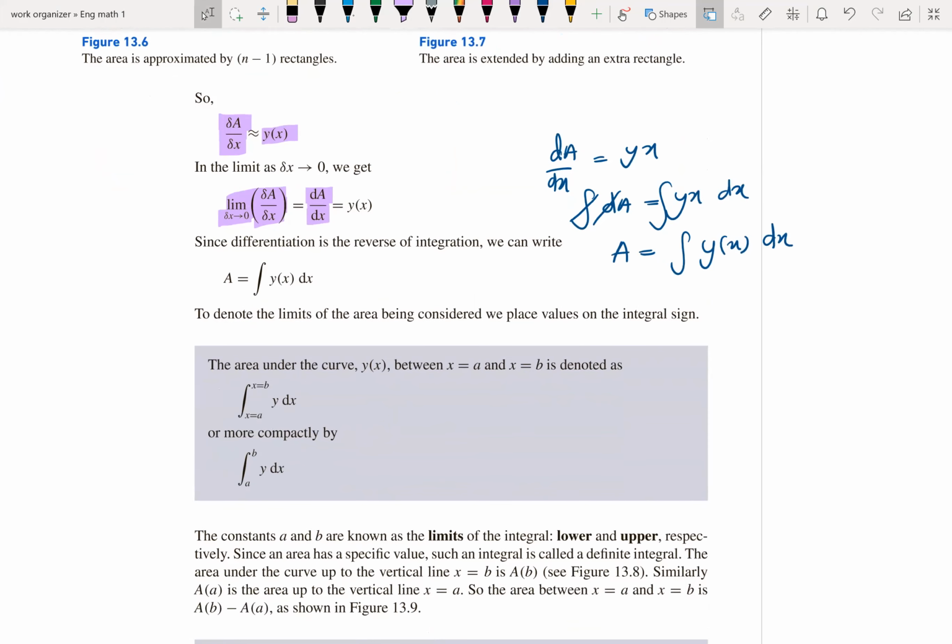There should be some limits. What is the upper limit and what is the lower limit? This will be the upper limit, the maximum number, and this will be the lower limit.